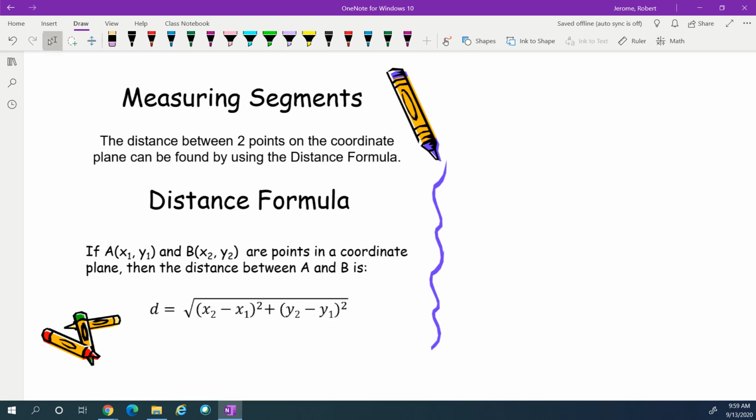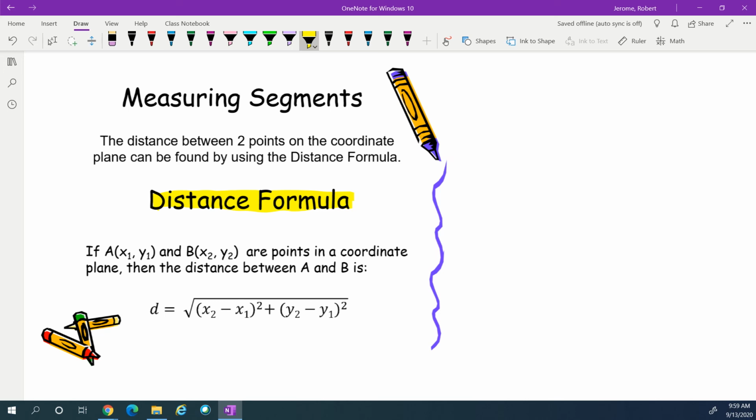Now, when we get to the coordinate plane, it gets a little bit more complicated, but it's really not bad. We're going to use something called the distance formula. On the coordinate plane, we have x's and y's, so we can't just count. Now, if it is a vertical or a horizontal line, we can count, or we can just use the subtraction method because it's the same as being on the x-axis or y-axis, which are number lines.